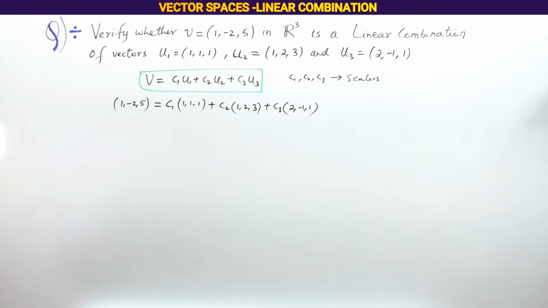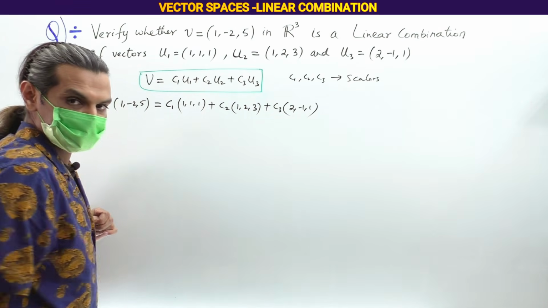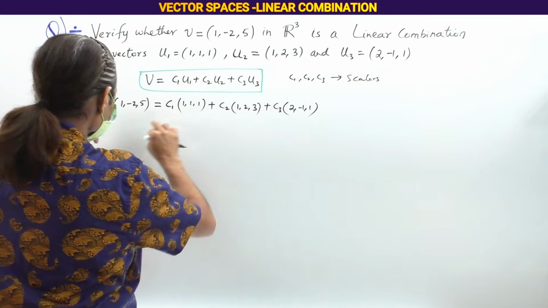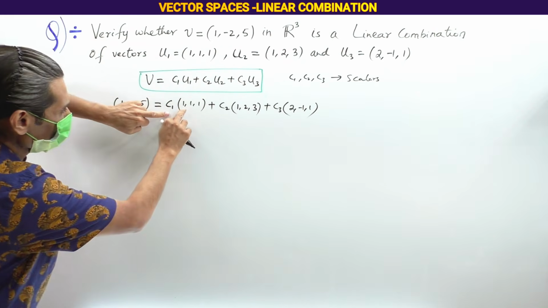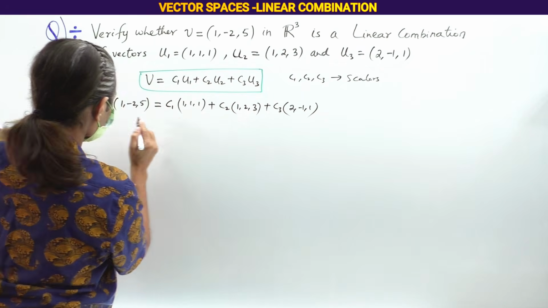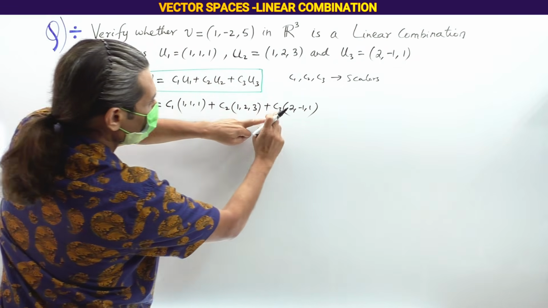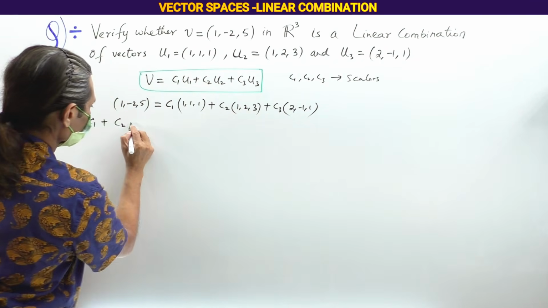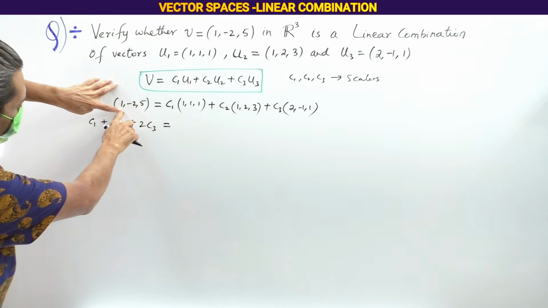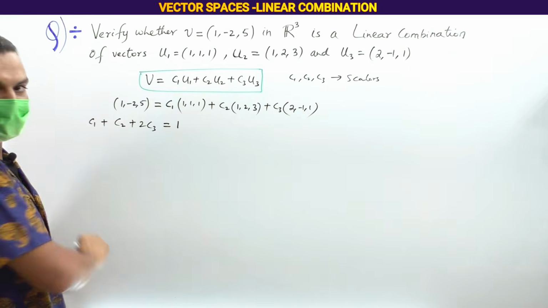Now, let us equate it. The equation is very simple. Just compare. We have C1 + C2 + 2C3 = 1.